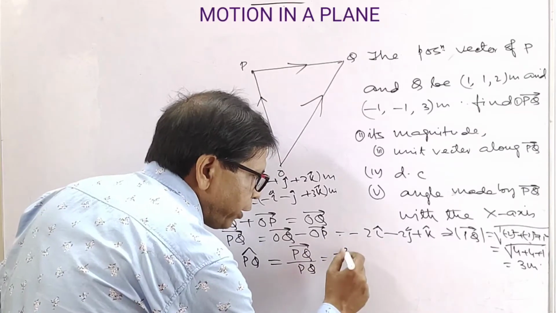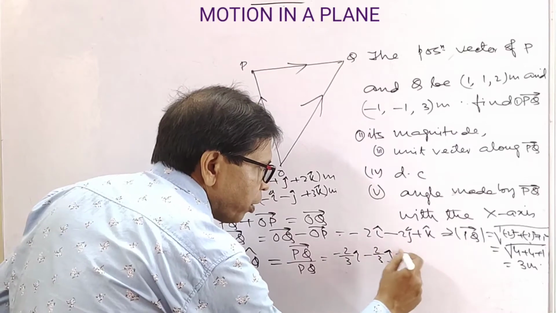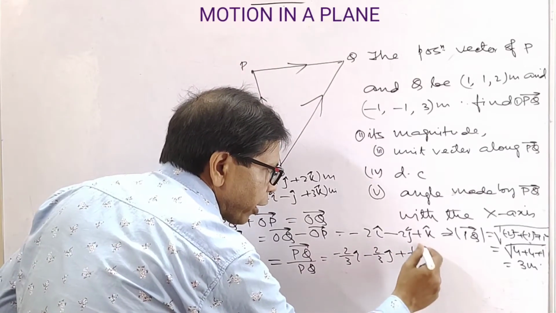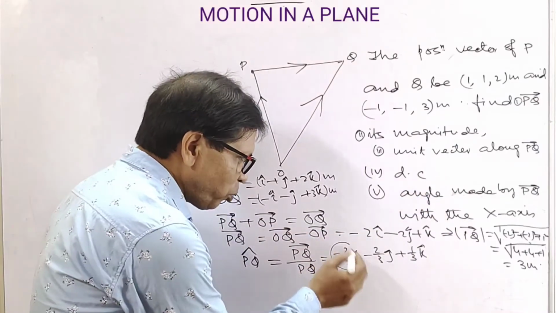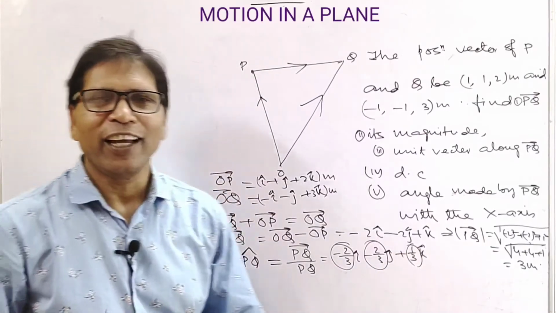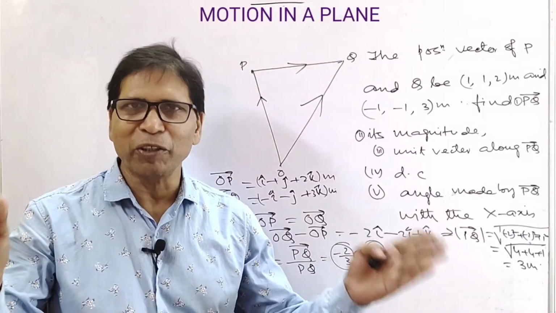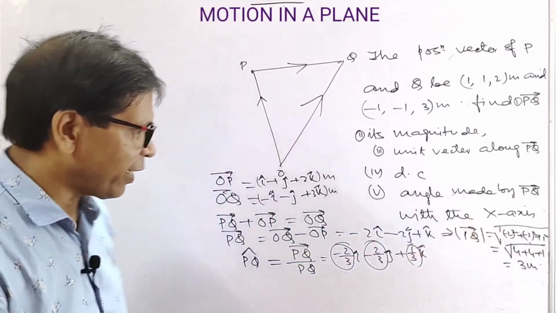So this is minus 2 by 3 i cap, minus 2 by 3 j cap, plus 1 by 3 k cap. Now what is DC? Minus 2 by 3, minus 2 by 3, plus 1 by 3 are the DC of the PQ vector.